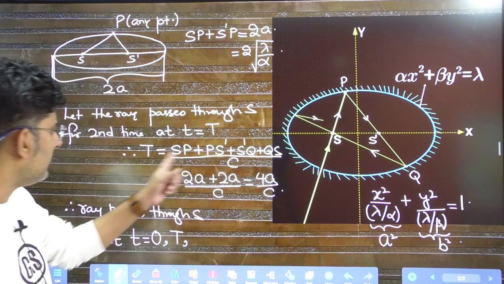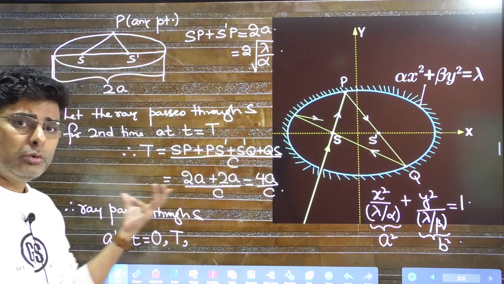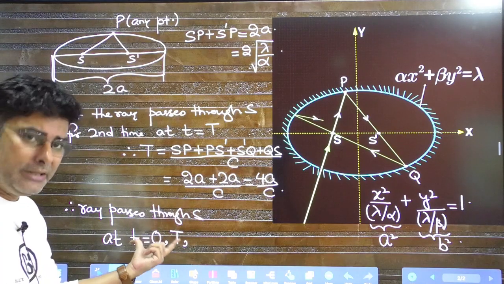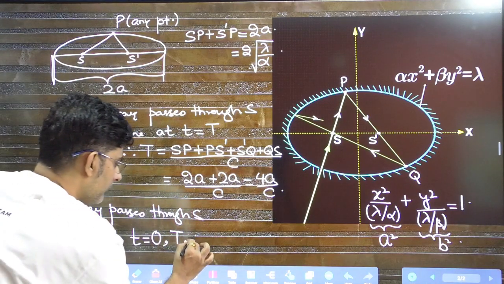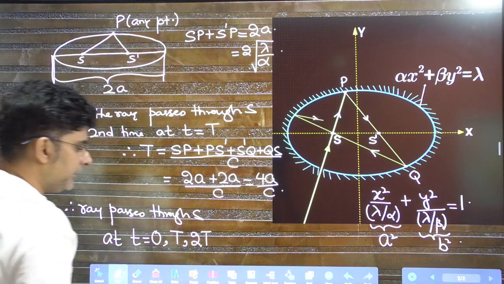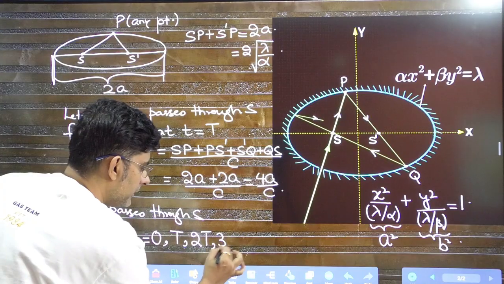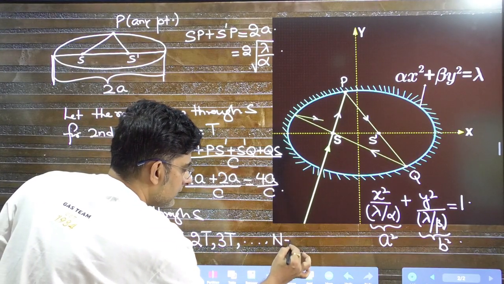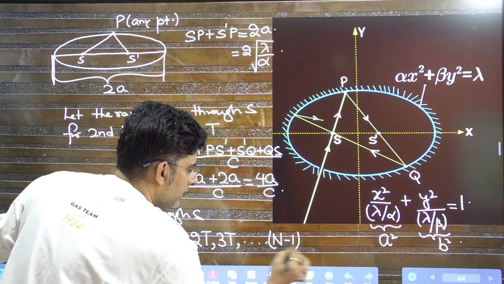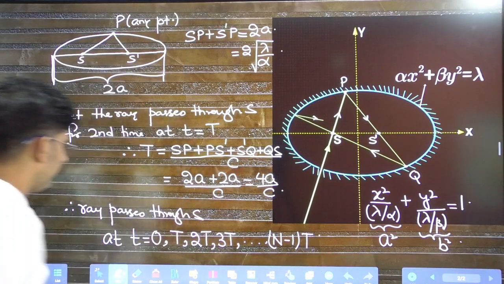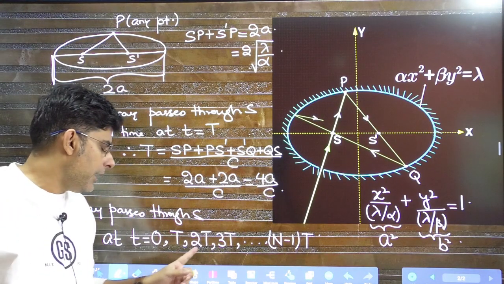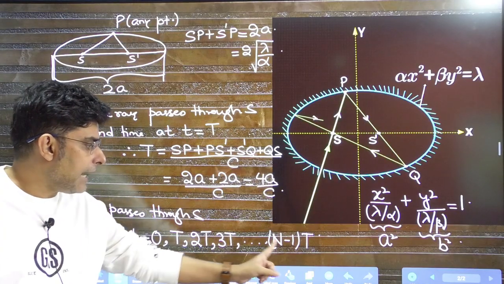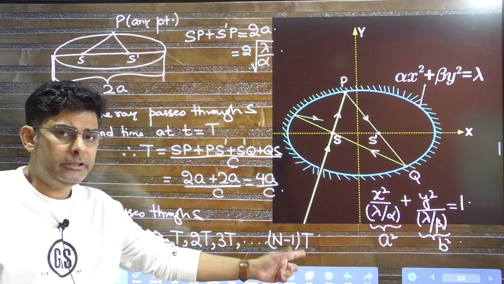So it will again take the same time. Every 2 time instants of passing through S will be separated by capital T only. So next time or the third time it will be 2T, fourth time it will be 3T. So proceeding in this way, nth time it will be n minus 1 T. That's it. So the ray will pass through S at these instants. So for the nth time it will pass at n minus 1 into T.